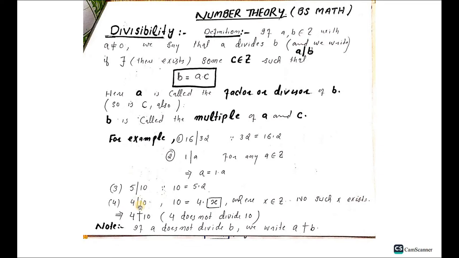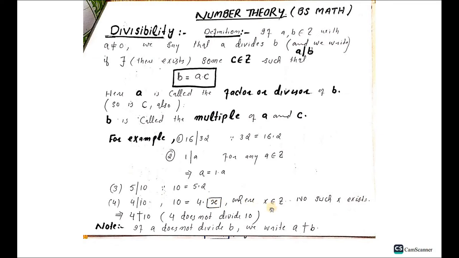Now, does 4 divide 10? Can we write 10 as a product of 4 with some integer? 10 equal to 4 times some integer is impossible because we don't have any x which when multiplied with 4 can give us 10. So 4 divides 10 is not possible, and we say 4 does not divide 10.